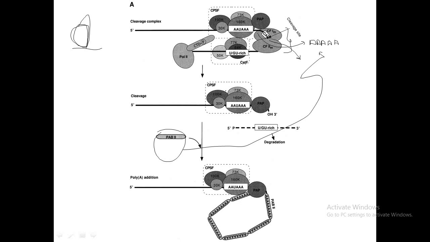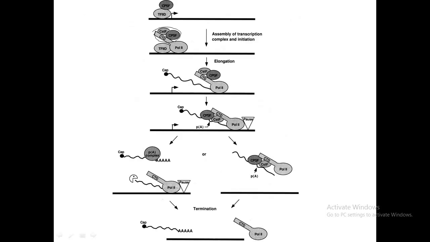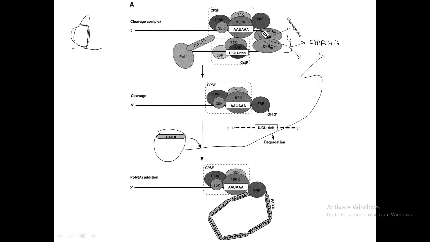This is how these proteins play an important part in the addition of the poly-A tail. The CPSF and CSTF, which were present on the RNA polymerase, jump to the RNA when they encounter their respective sites, the AU-rich region and the GU-rich region. Once they come to their sites, PAP, CF1 and CF2 get recruited.